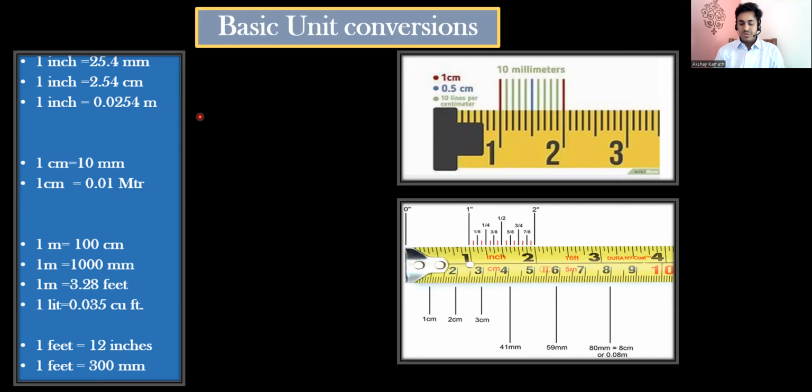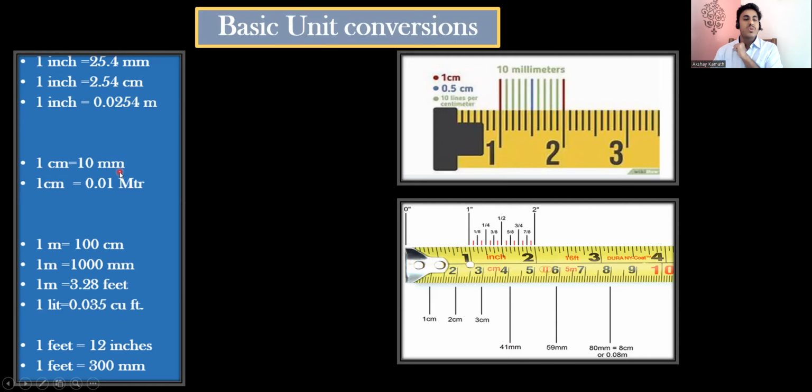Yeah, you have to divide it by 100. See, 1 inch is 25.4 mm, very simple. If I ask you to convert this in terms of centimeter, you divide it by 10. Again, if I ask you to convert this into meter, you divide it by 100. Very simple. This much you have to remember.